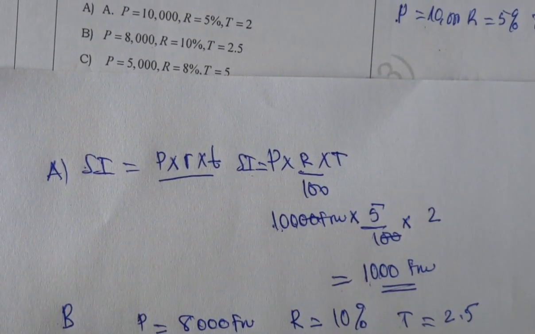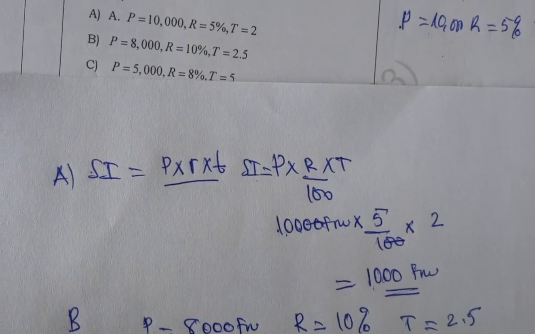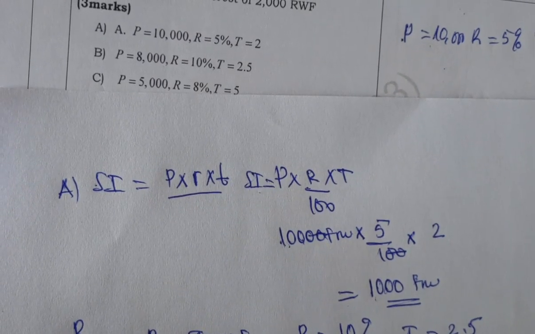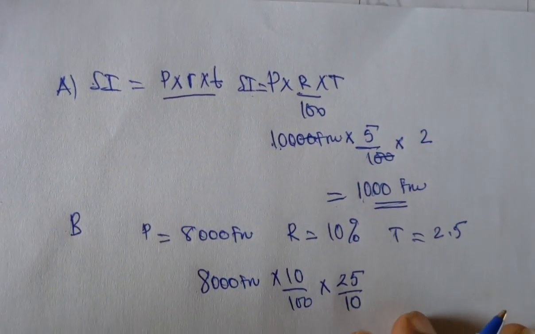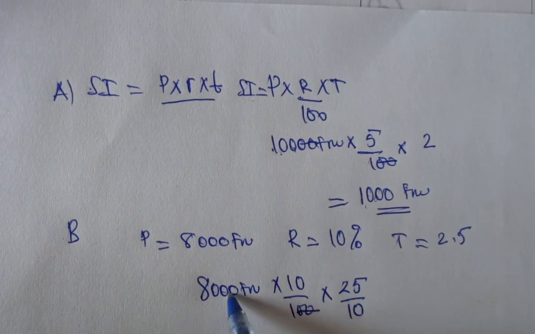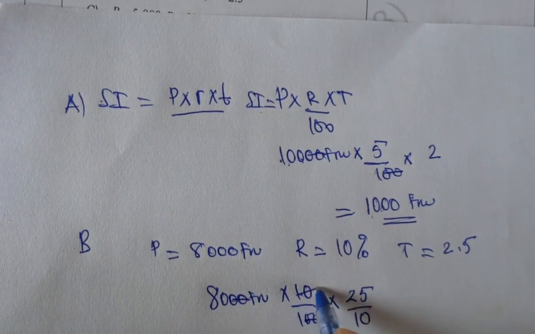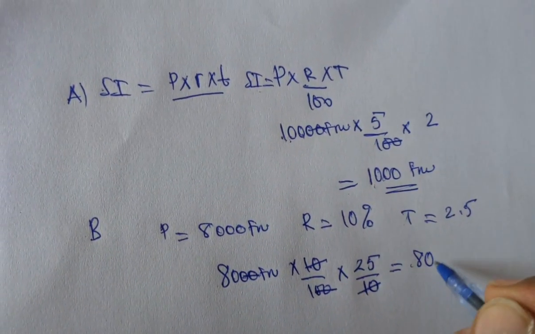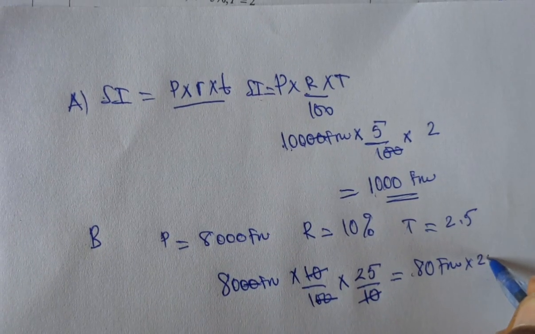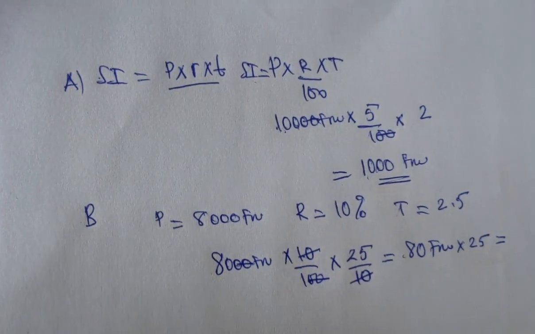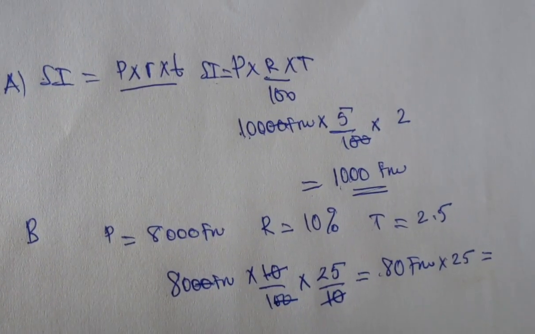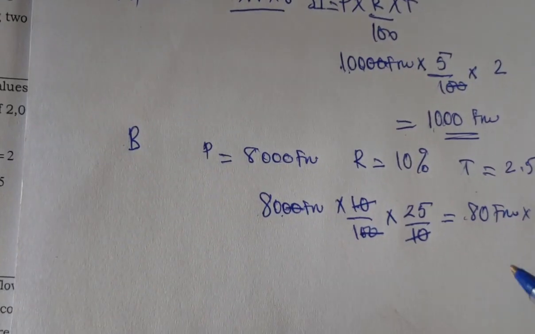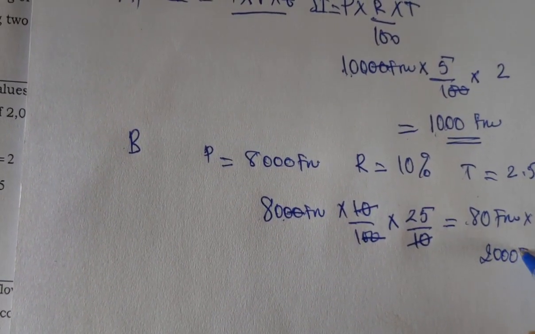Here will become 8,000 Rwandan francs times 10 over 100 times 25 over 10. And then here we simplify by 100, and also this 10 will simplify this, to mean we will remain with 80 Rwandan francs times 25. And then we are going to multiply and look whether we get 2,000 Rwandan francs. To mean multiplied here we get 2,000 Rwandan francs.